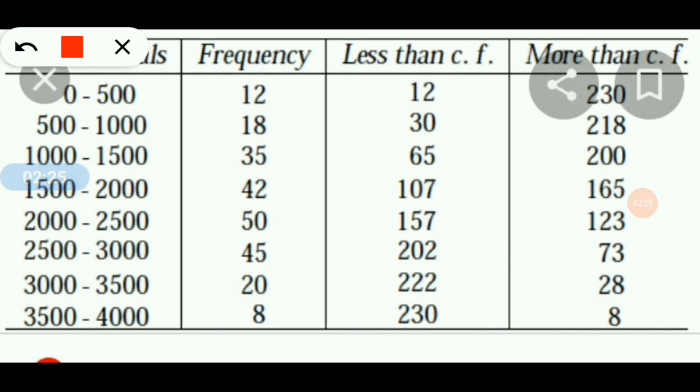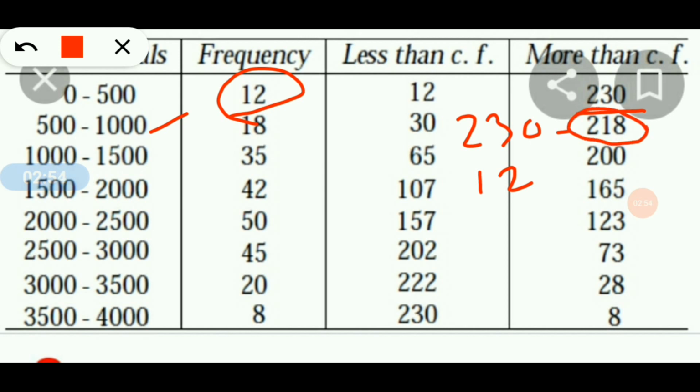For the first class interval the more than cumulative frequency is 230, which is the last class less than cumulative frequency. Now going to the second class, 500 to 1000. 230 minus the frequency of the first class, 12, is 218. Clear?